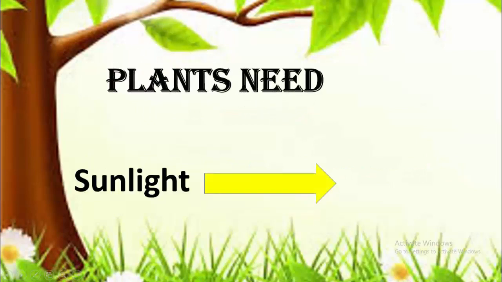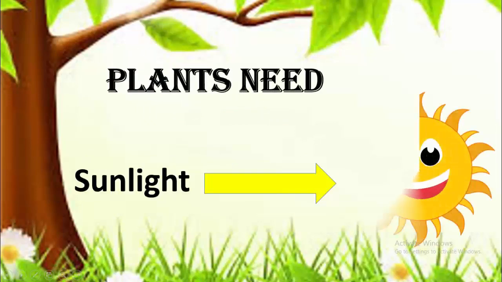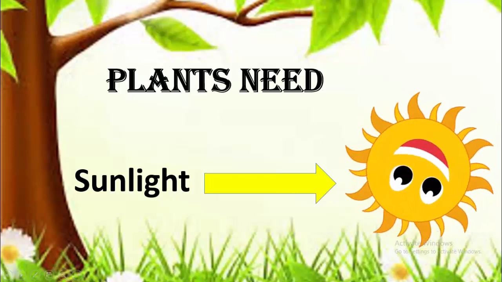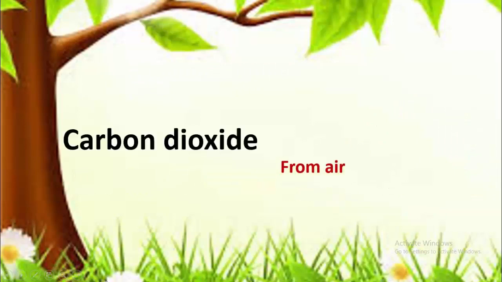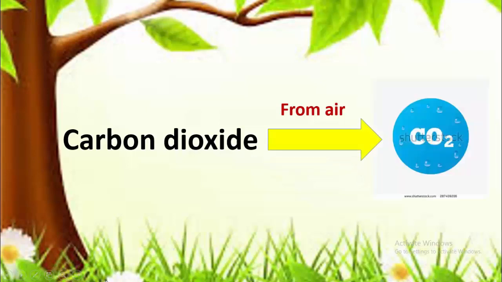Now plants need sunlight from the sun. As we know, the sun counts as a natural resource, the biggest natural resource of energy. Then carbon dioxide, which comes from air, that is CO2.